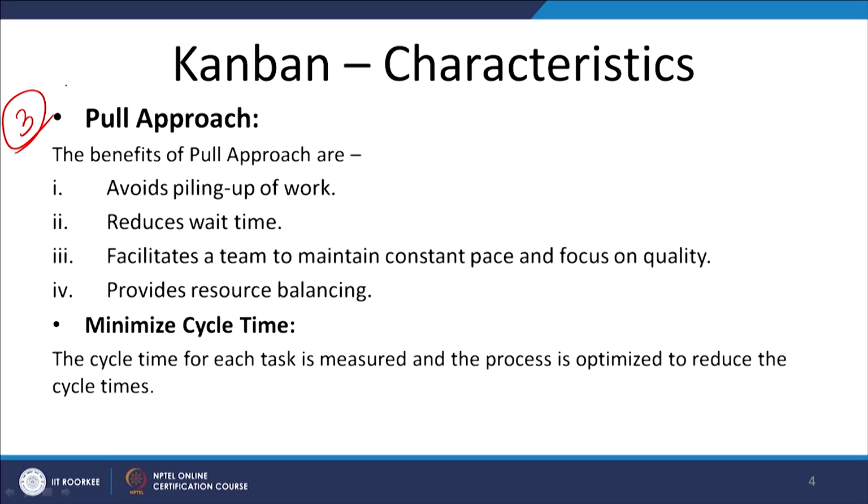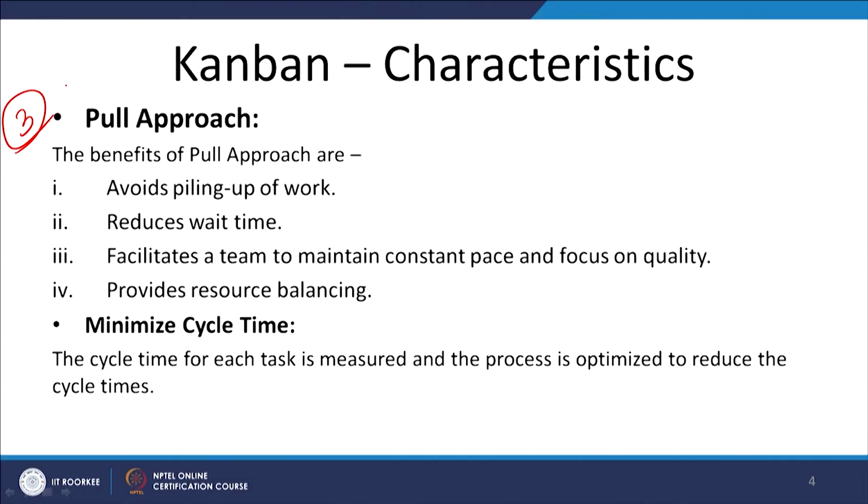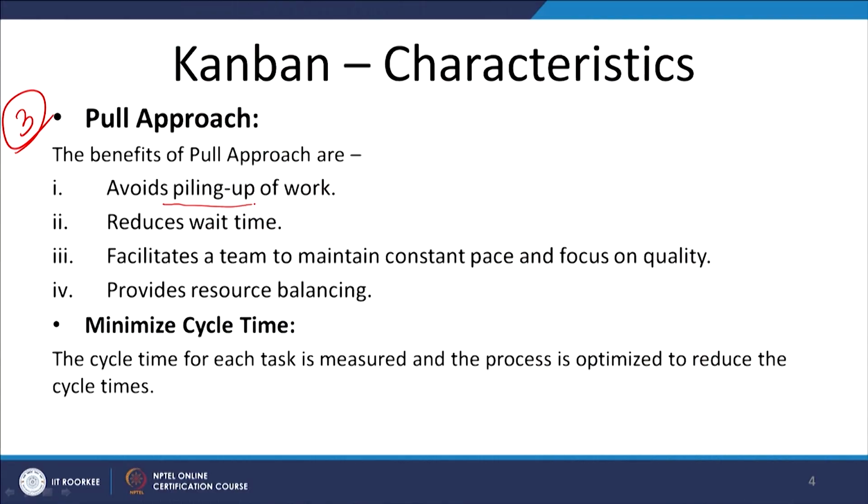Then another important characteristic of Kanban is the pull approach, or you can say that whenever we talk of the pull approach, Kanban becomes an essential element of that pull approach. Without Kanban, the pull approach is not possible. And we already know, since from the very first lecture in this course we have discussed it so many times, that it avoids piling up of work.